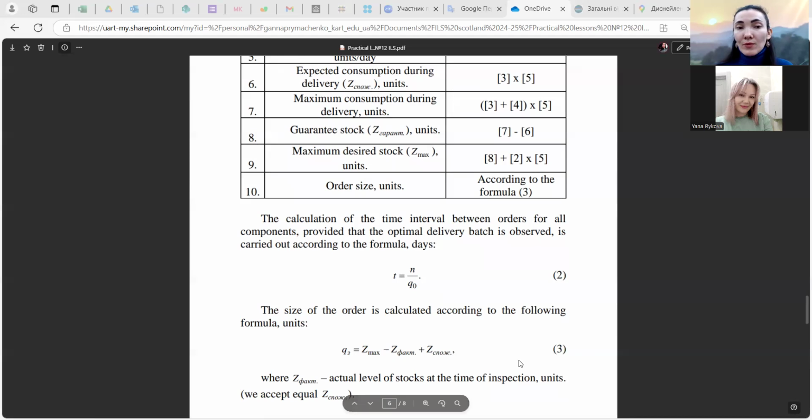So this is formula number 3: 9 minus 8 and plus 6. It is all. The result in units.